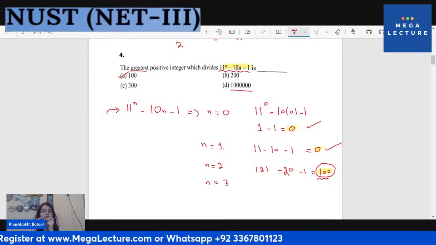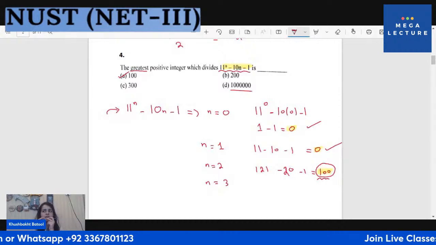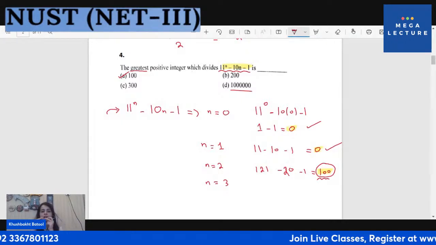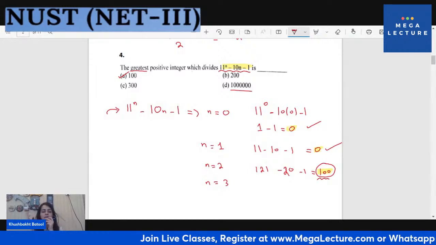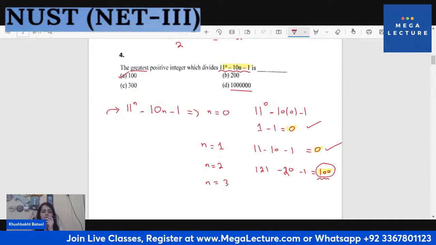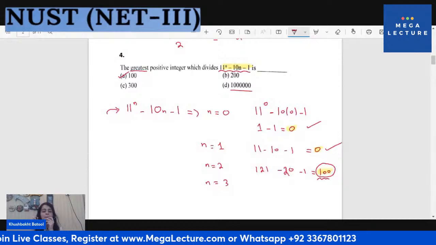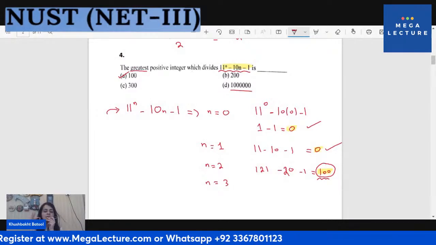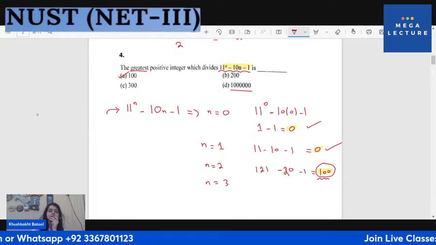So for dividing 100 completely, you need 10, 20, 50, 5, or 100, right? Out of all the factors, the greatest factor is 100, and so 100 must be used. Any number greater than 100 would not work for this scenario, so that is why the answer turned out to be A in this case.